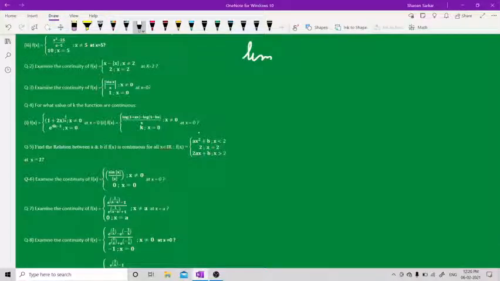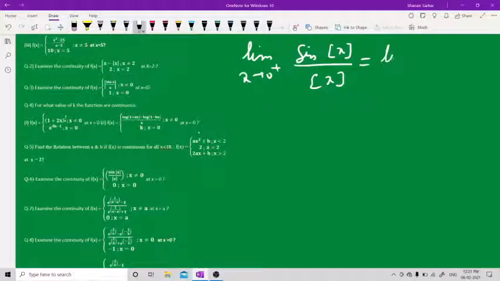Limit x tending to 0 plus sine of greatest integer x upon x. This I've done with you earlier in the limit problem. Whenever you see the greatest integer or fractional part, write x as 0 plus h.